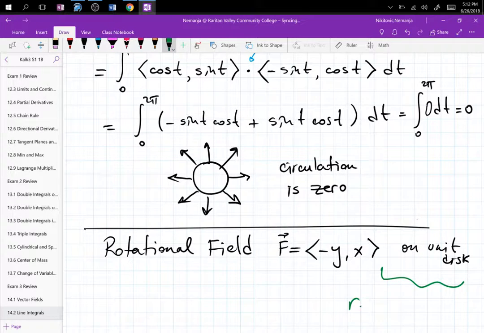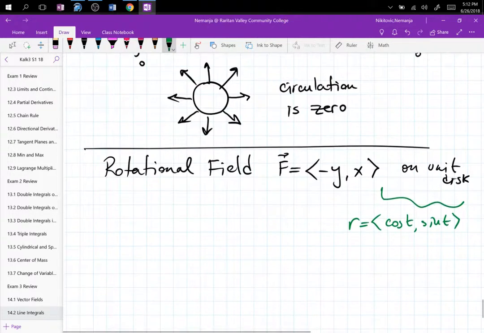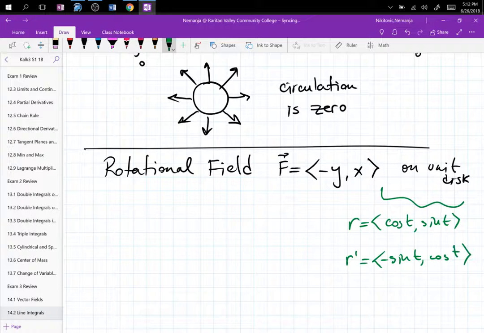So unit disk is going to give me r is equal to cosine t, sine t, and r prime, the derivative, is negative sine t, cosine t.